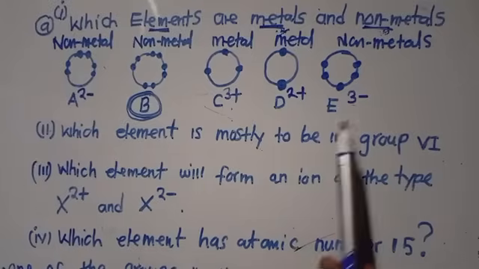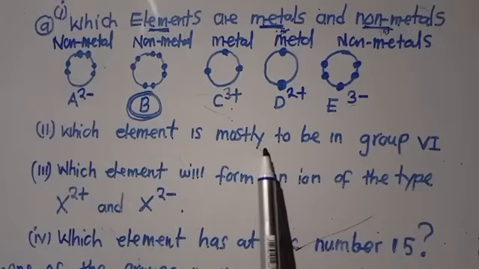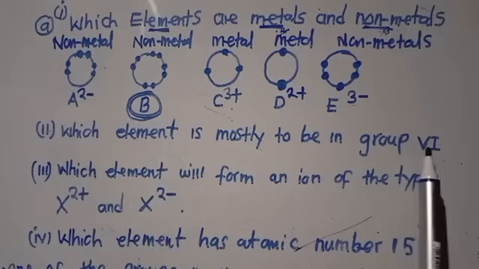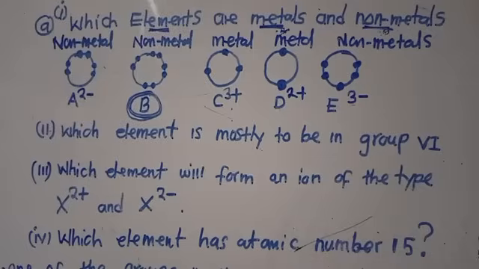We've revised through this. Now the question is saying which element is mostly to be in group 6? From all these, which element will be in group 6? You tell me element A, B, like that.